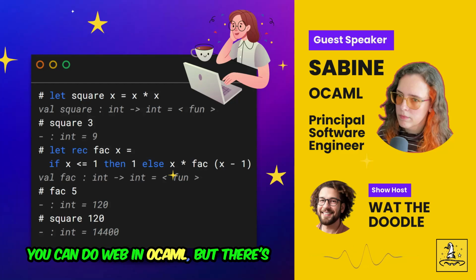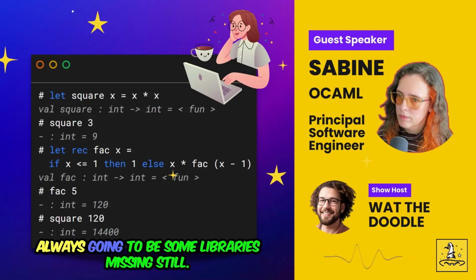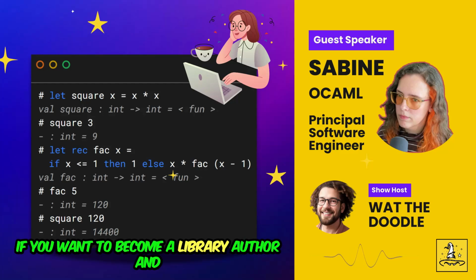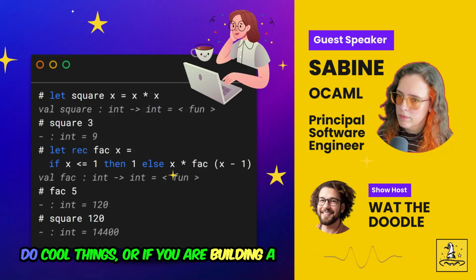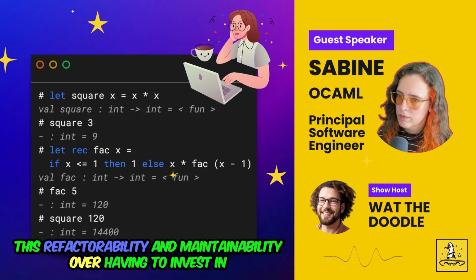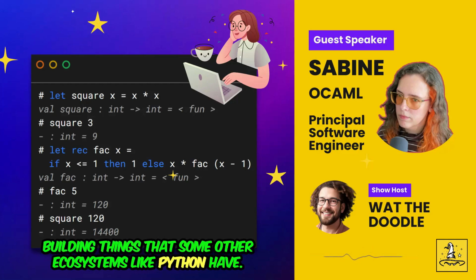You can do web in OCaml, but there's always going to be some libraries missing still. So at this point, I think OCaml is amazing if you wanna become a library author and do cool things, or if you are building a really huge thing where you benefit enough from having this refactorability and maintainability over having to invest in building things that some other ecosystems like Python have.